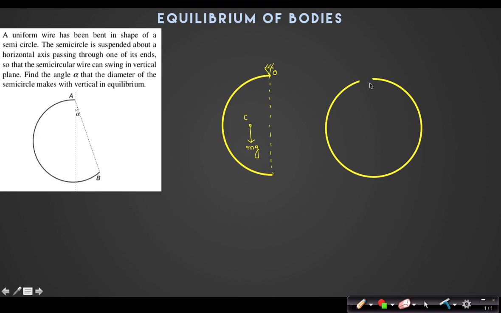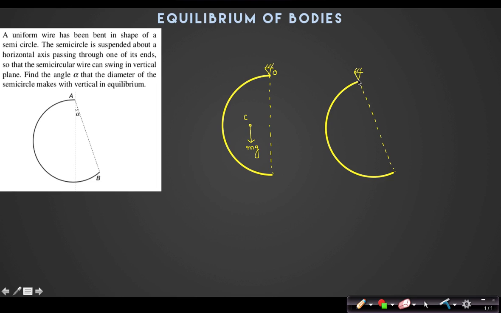Now you will find that if I hold it like here, the body comes like this. In equilibrium, it will be like this. Yes or no? Yes, it looks a bit tilted. And why is it tilted?